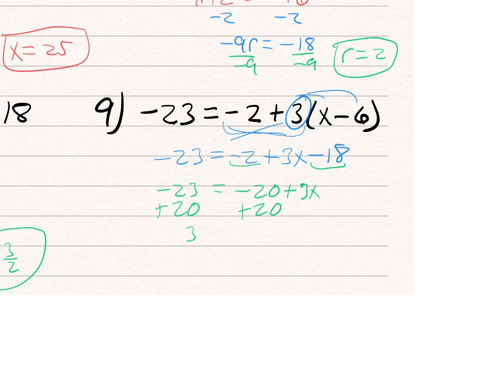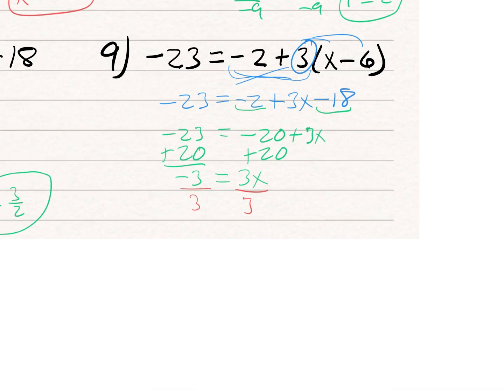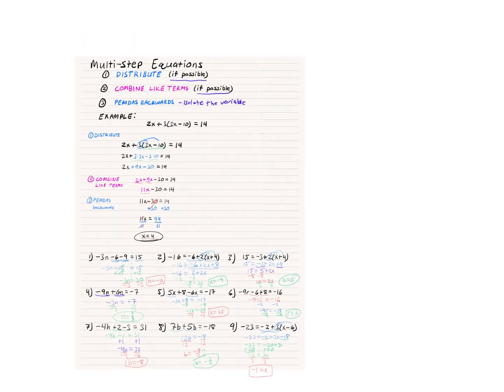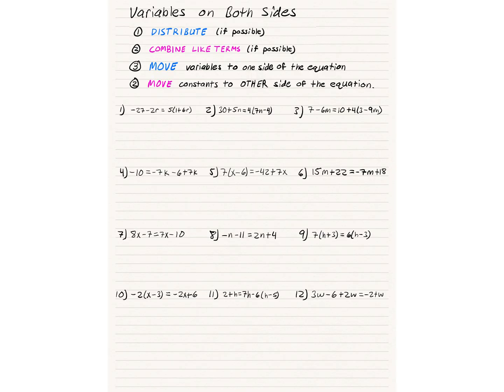The 23 is bigger, so we keep it negative. Right, so we get negative 3 equals 3x. And the last thing you want to do is divide by 3 on both sides. And then negative 3 divided by 3 is negative 1. So we get x equals negative 1. All right, and then that's your multi-step equations.